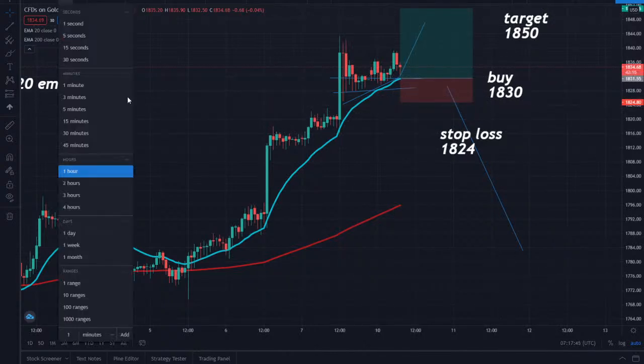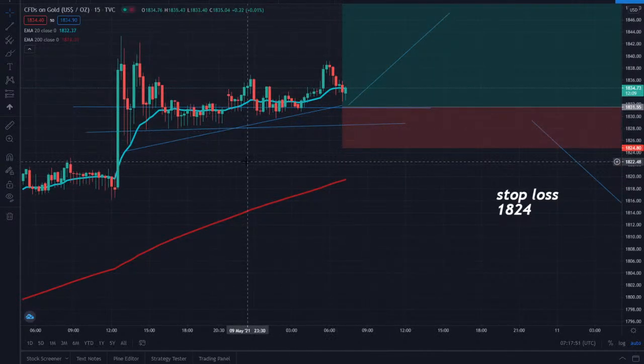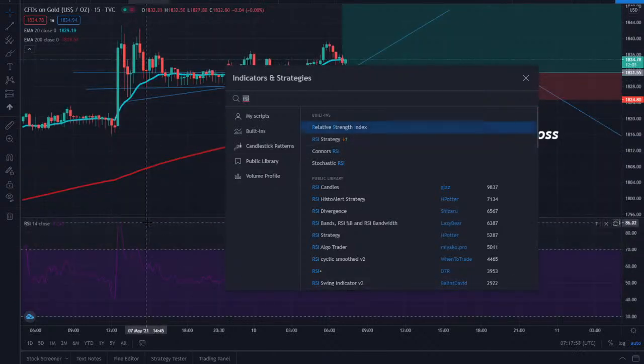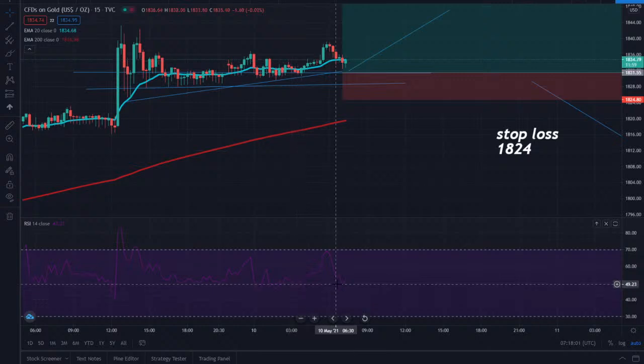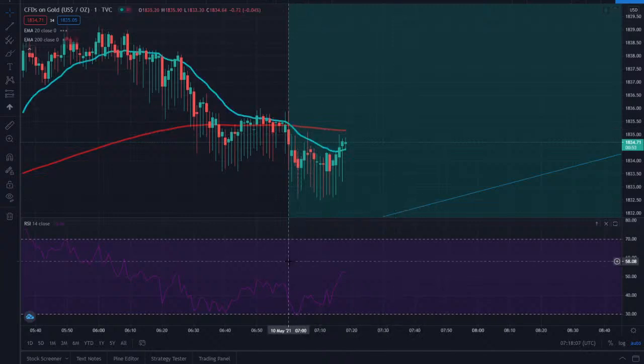So now if you go on just smaller time frames, let's check the other side again. So currently on the 50-minute chart it is trying to turn around. So let's check the 1-minute chart.